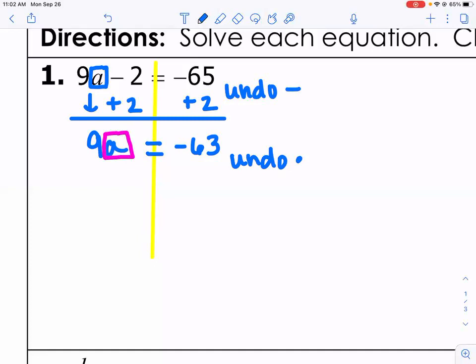If divide, we need to divide both sides by 9. Okay. The 9 divided by 9, those cancel out to be 1. I'm not going to write 1A. I'm just going to write A. And then Eriselyn, we have negative 63 divided by 9. Negative 7.